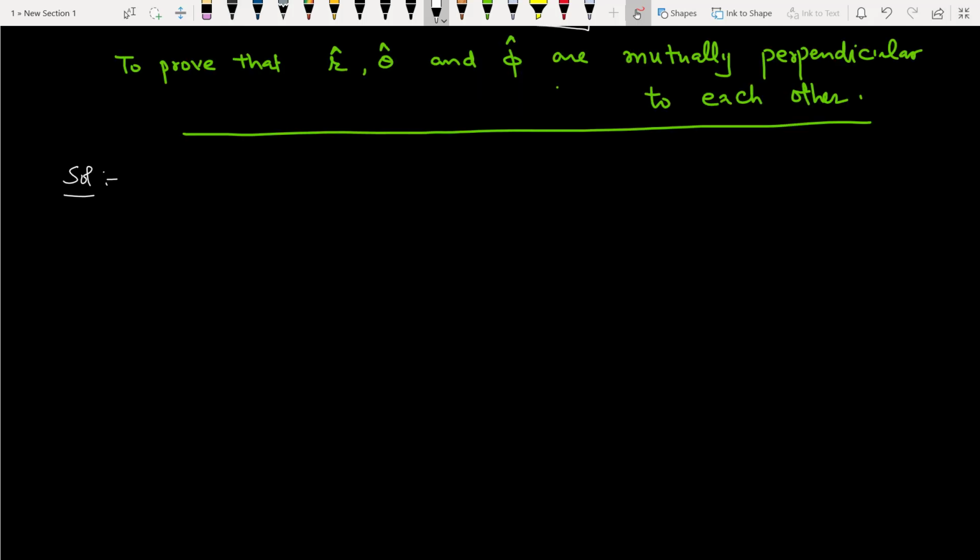So the next topic is to prove that our three spherical polar unit vectors r cap, theta cap, phi cap are mutually perpendicular to each other. So we have three vectors: r cap as sin theta cos phi I cap plus sin theta sin phi j cap plus cos theta k cap.